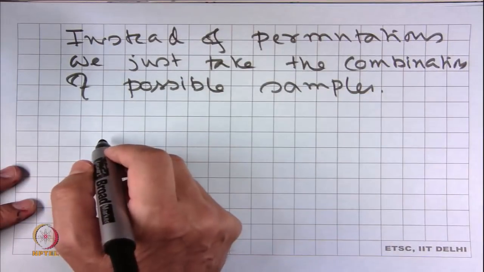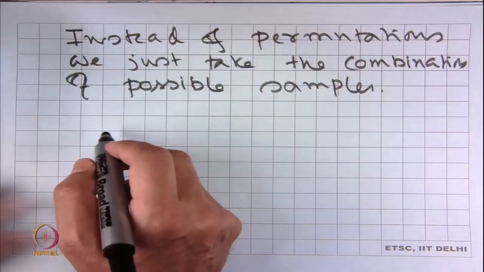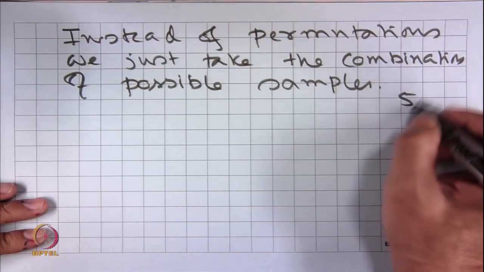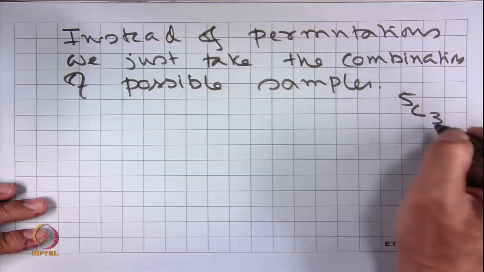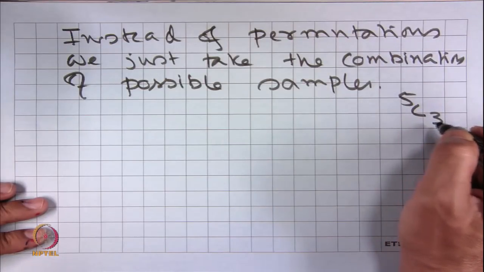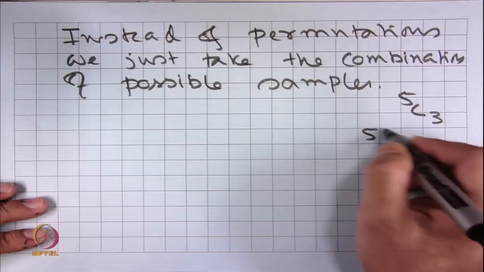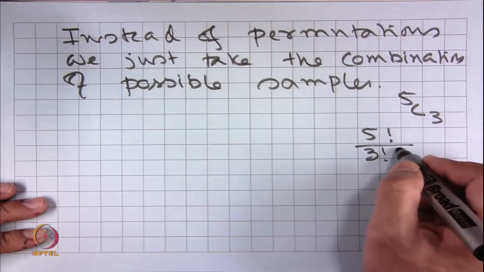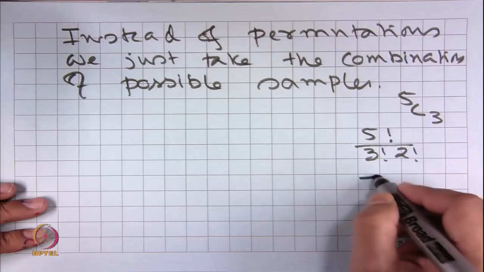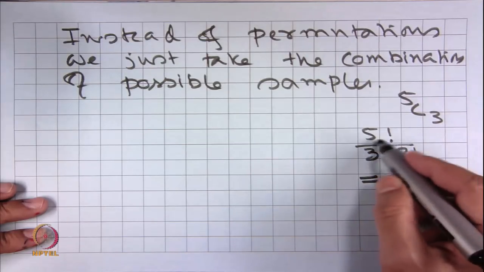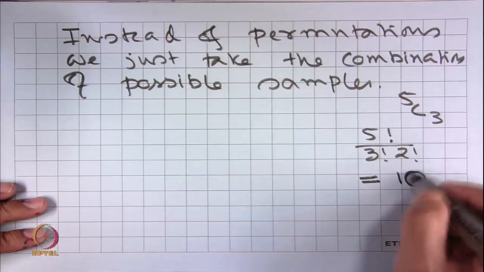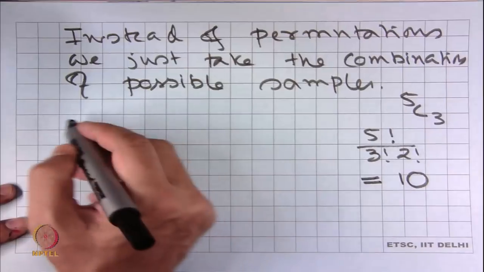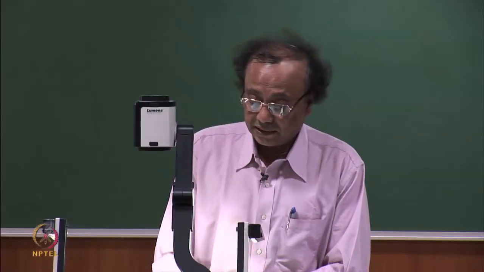And we know that we can have the following. What is 5C3? The number of ways of choosing 3 out of 5. It is factorial 5 upon factorial 3 into factorial 2, which is equal to 10. So, I know I will get 10 different triplets.